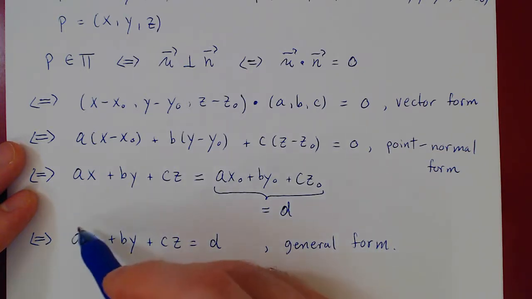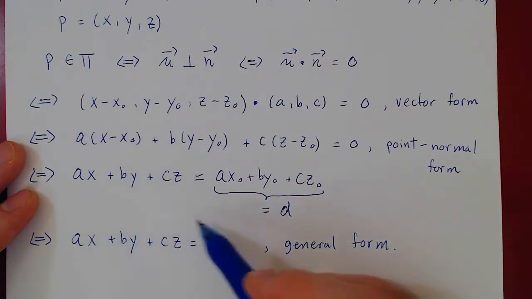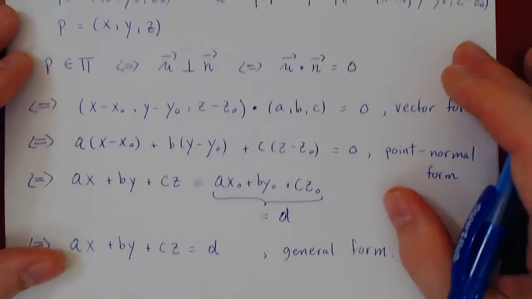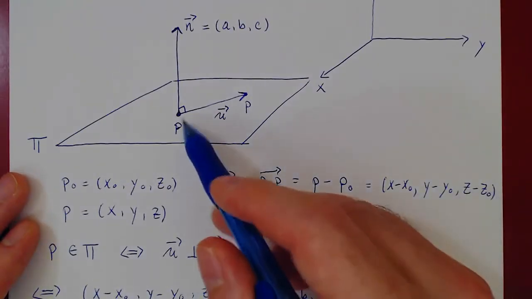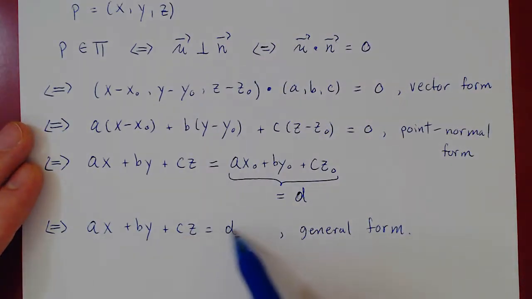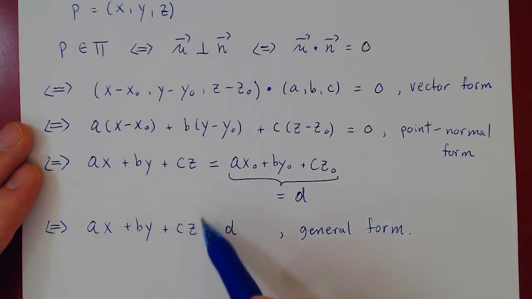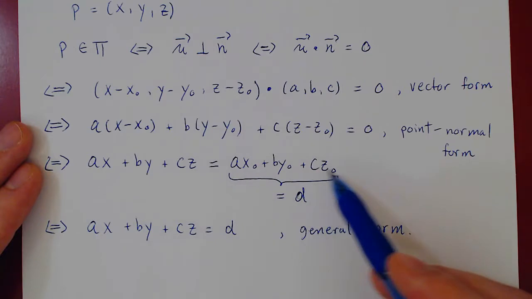As soon as you have your normal vector, you have the coordinates of A, B, C. So you'll know A, B, and C. And to solve for D, well, you'll have the coordinates of point P naught. And because it is a point on the plane, it must satisfy this equation.